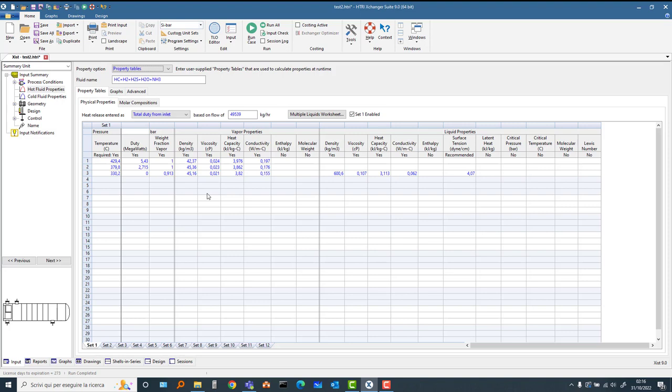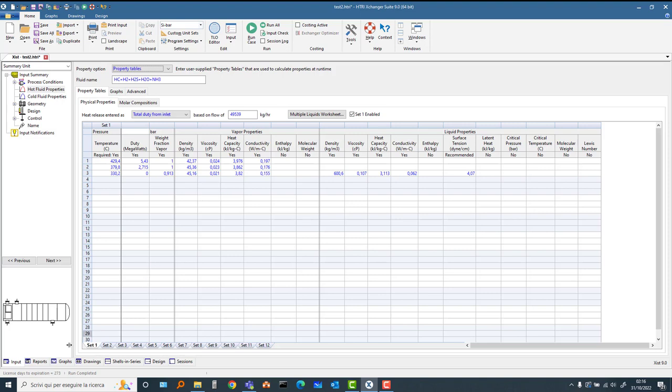So at least we must have a sufficient range of curves in order to be sure that our pressure drop is considered in this range. If we have one single curve, we get a warning, but the computer always tries to make a calculation.